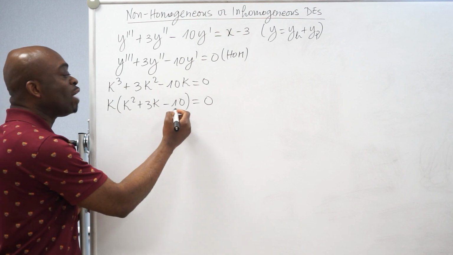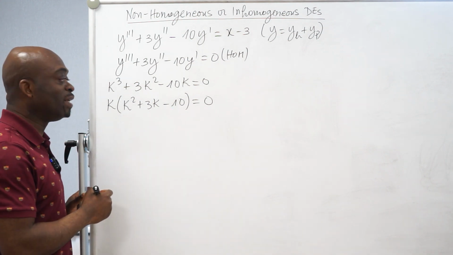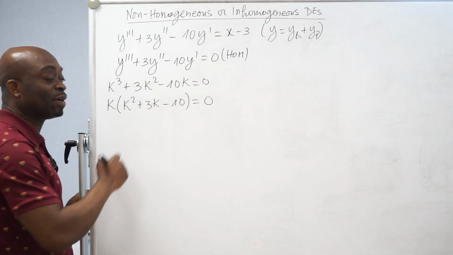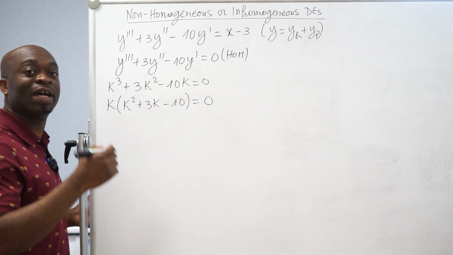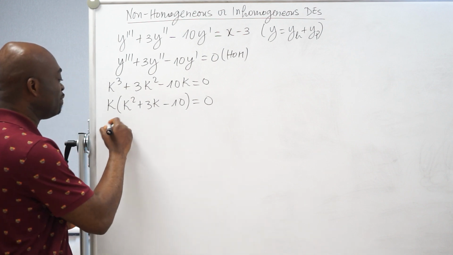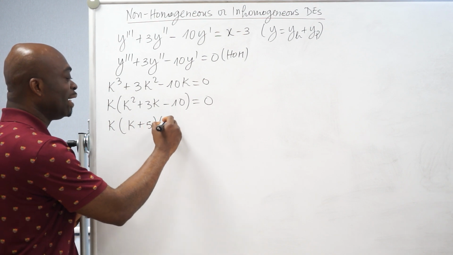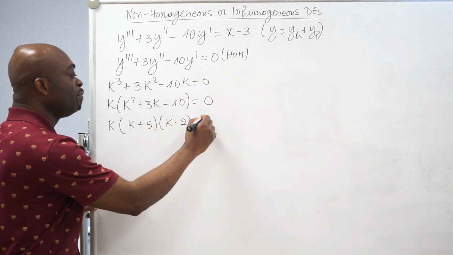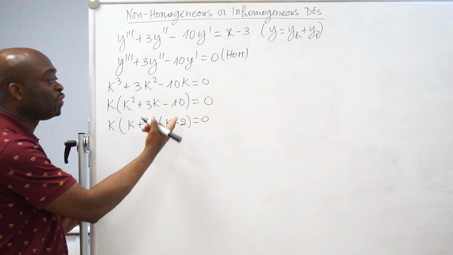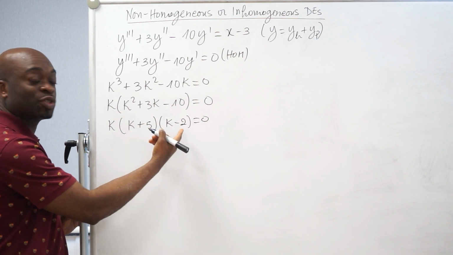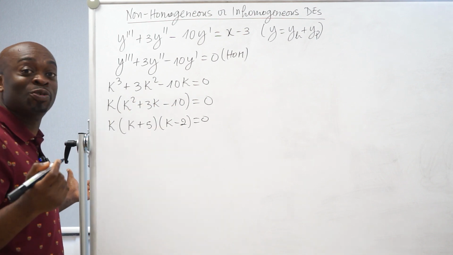Meaning, do I have two numbers that multiply to give negative 10 and add to give 3? It's 5 and negative 2. So that gives (k + 5)(k - 2), because 5 times negative 2 is negative 10, and 5 minus 2 is positive 3. And then you're good.